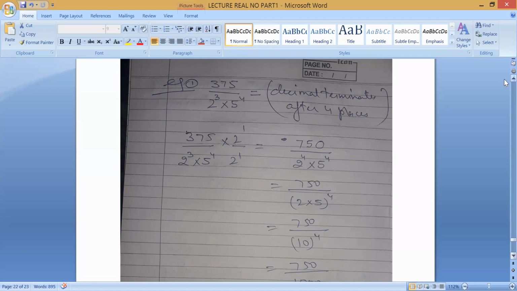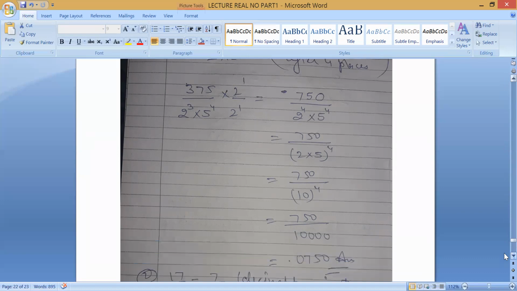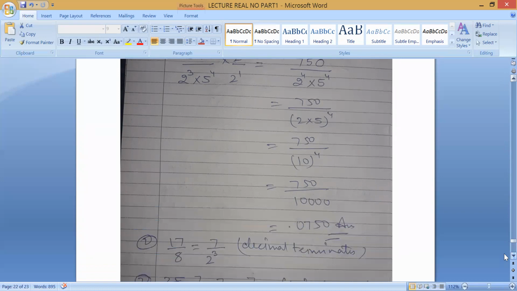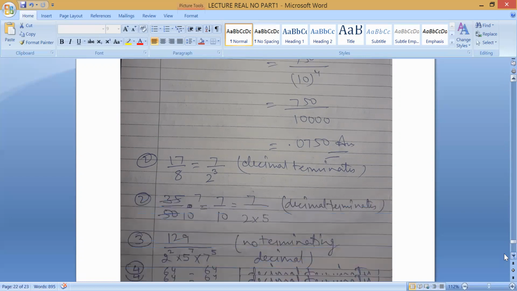So what will you write? 2 into 5 to the power 4, 10 to the power 4, and 750 upon 10 to the power 4 is what? 10 to the power 4 means 10,000, and 750 divided by 10,000, you will get 0.0750.